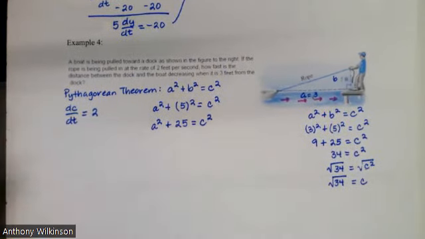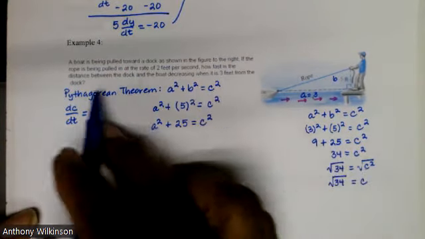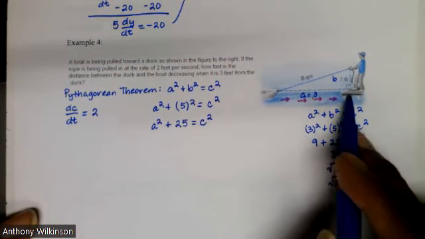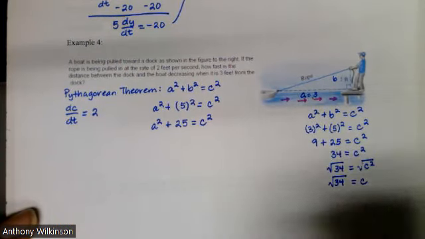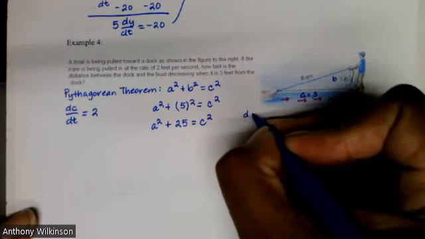It's this equation that we're going to use implicit differentiation on. We're going to differentiate with respect to time, because they're asking how fast the distance between the dock and the boat is changing. That means we're trying to find what dA/dt is going to be.